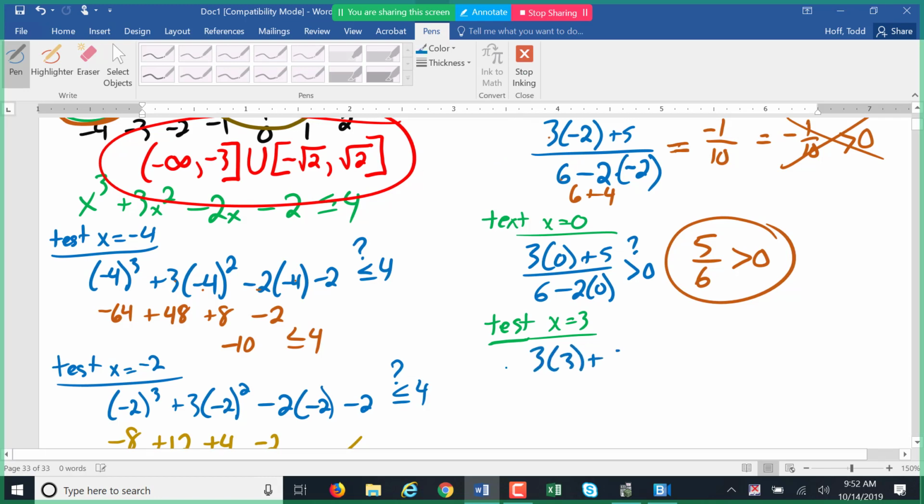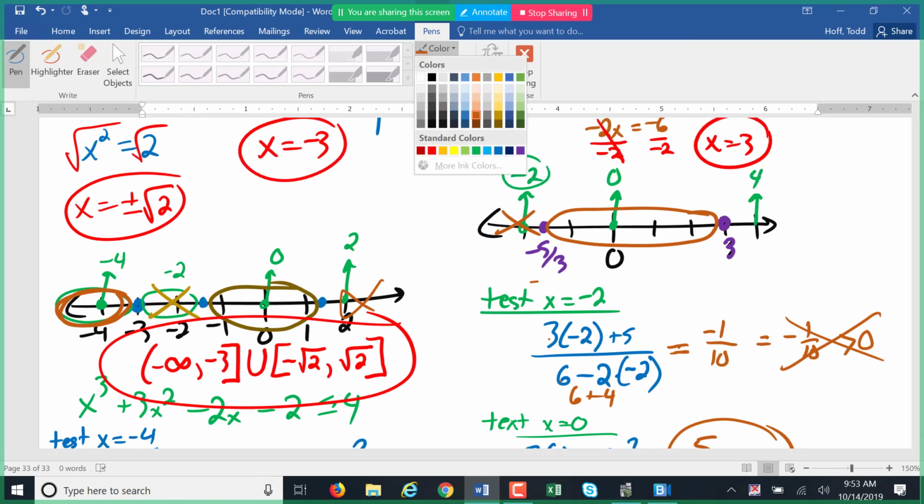So 3 times 4 plus 5 over 6 minus 2 times 4. Well, 3 times 4 is 12, plus 5 is 17. -2 times 4 is -8. 6 plus -8 is -2. 17 over -2 is not greater than 0, so it's not true over there.